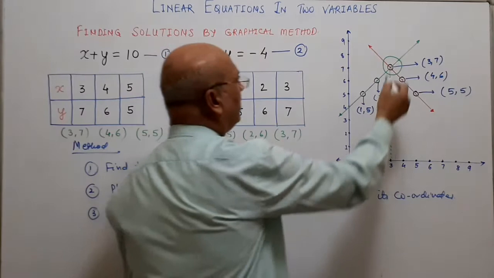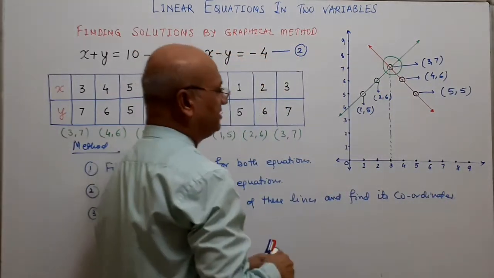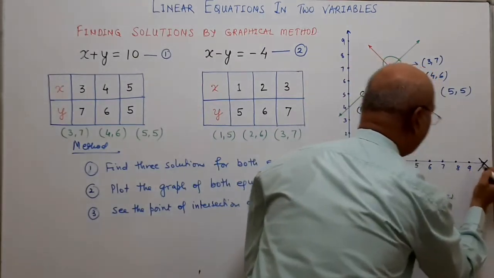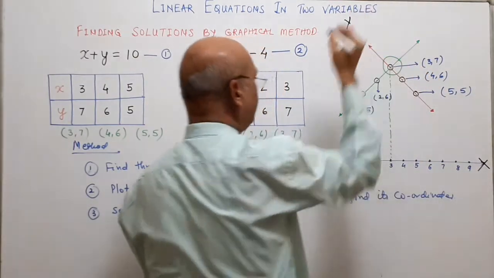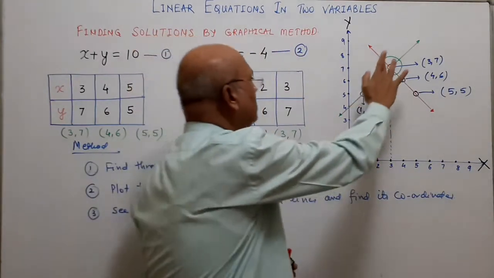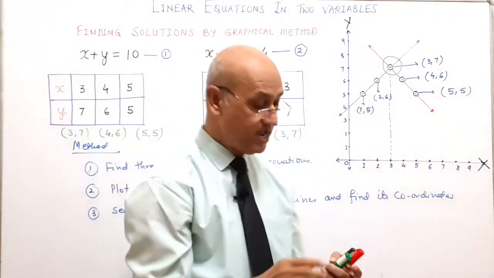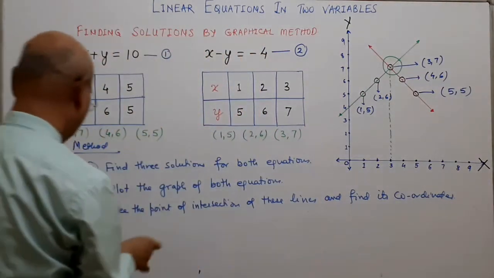You all know that this is your x-axis and this is your y-axis. So first, from the point of intersection, draw a perpendicular on the x-axis. Your fourth point.